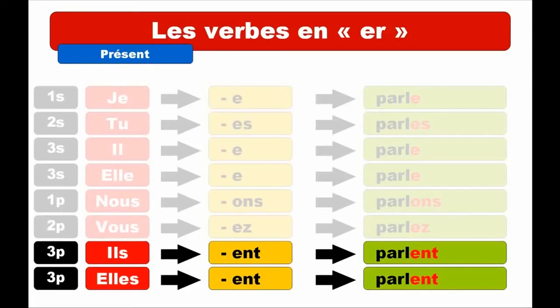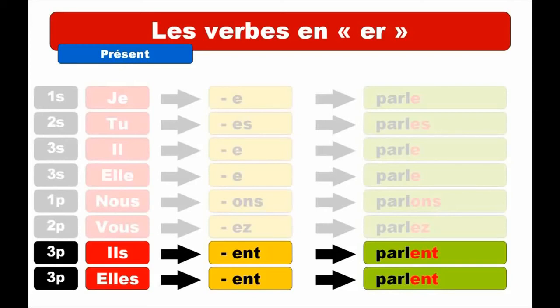Repeat. Il parle, elle parle. So for je, tu, il, elle, and ils, elles, it's the same form you pronounce: parle. For nous, you get parlons, and for vous, you get parlez.